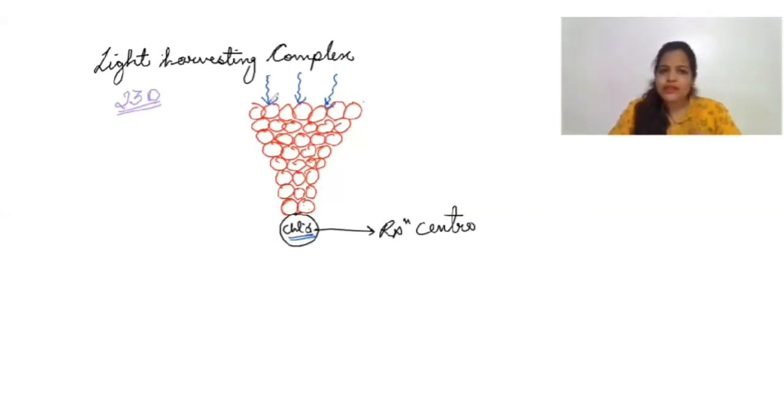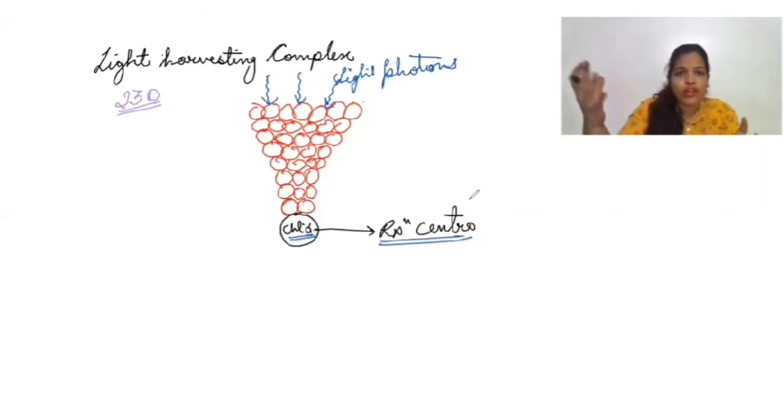So these red molecules are basically the teachers, and the blue color is the light photons. They are trapping the light photons because the reaction center, the principal, cannot trap all the light photons.